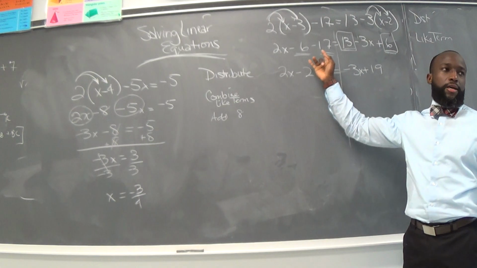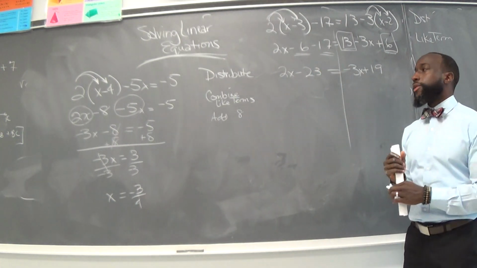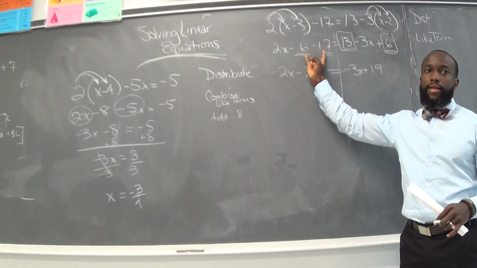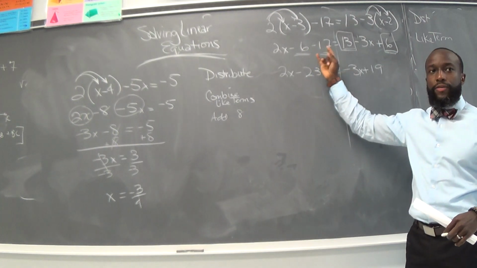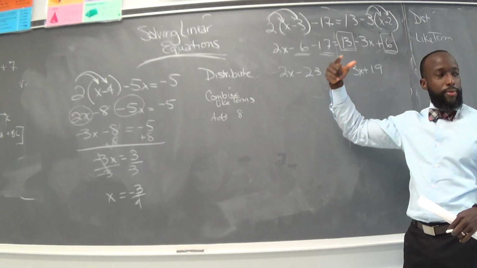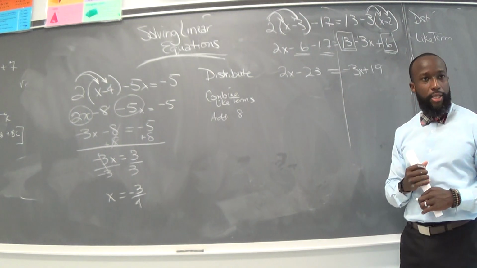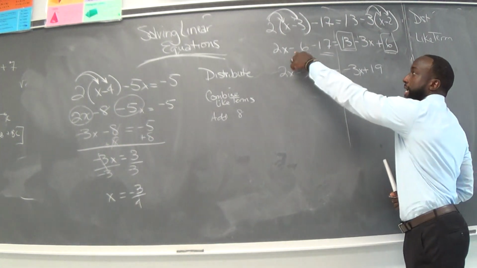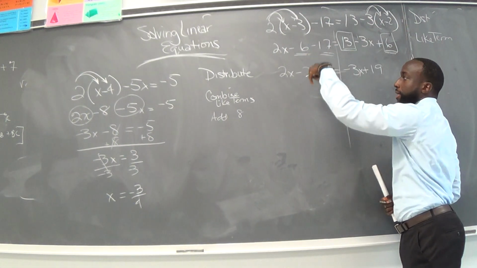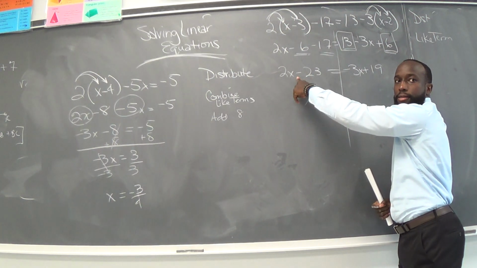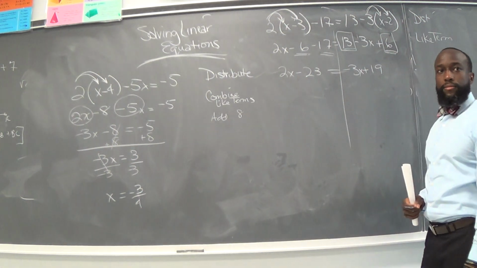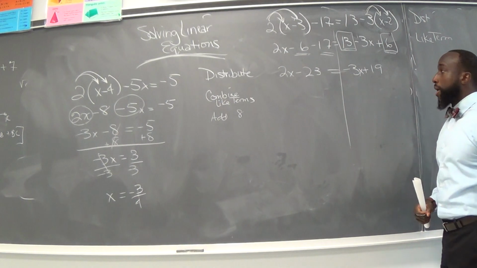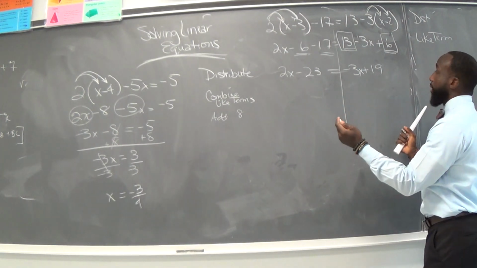I taught this song to them when they were sophomores. Same sign, add and keep the sign. Different signs, subtract, keep the sign of the bigger number. Exactly. Okay? Alright. Cool.